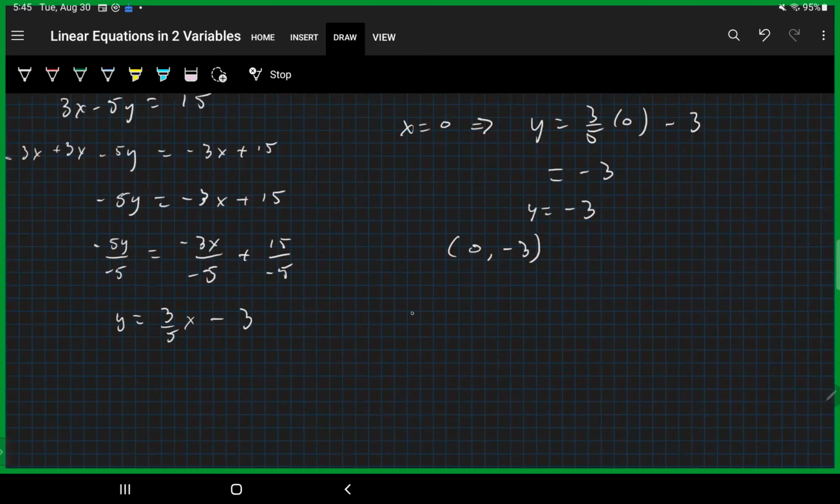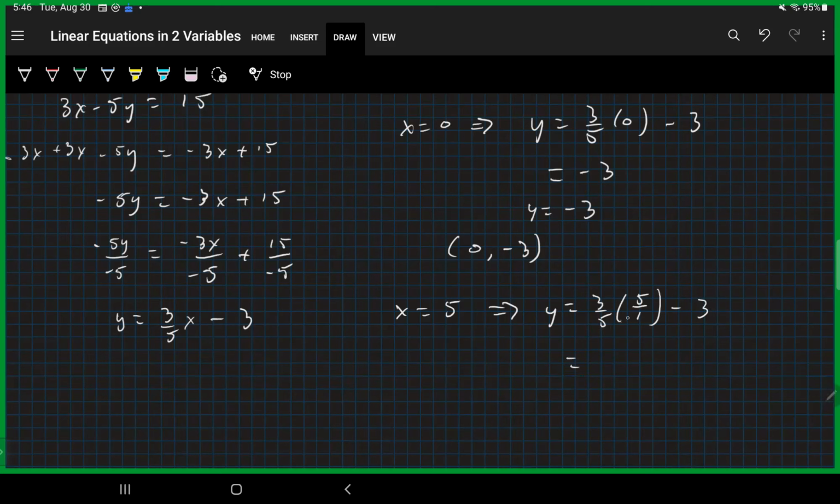Why don't we just try x equals 5? So I plug in x equals 5. What does that give me? y equals 3/5 times, well, 5 is just 5 over 1 if I need to think about it that way. Sometimes that's helpful. So I get y equals 3/5 times 5 over 1, and then minus 3.